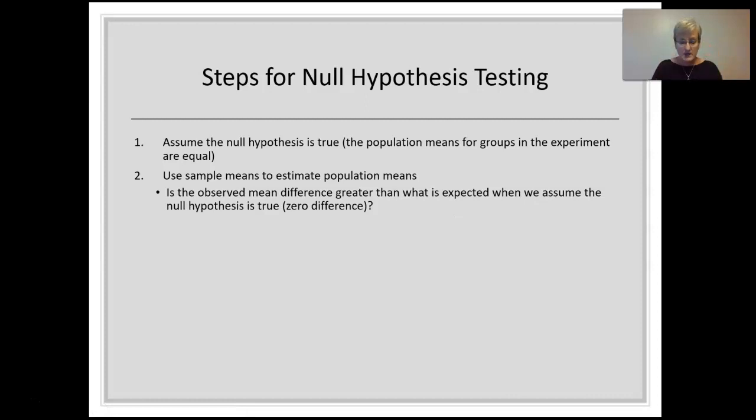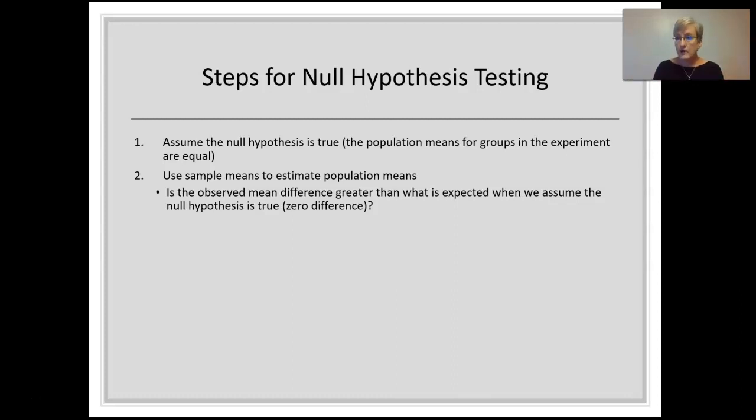So you can imagine I have the actual means that I observed versus means that I would expect if there were no differences between groups. What statisticians have devised here is a way of saying, okay, if the null were true, what would the means look like?